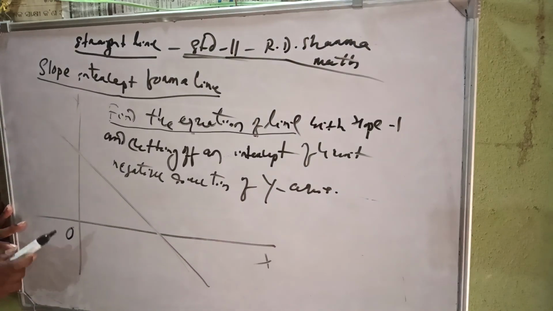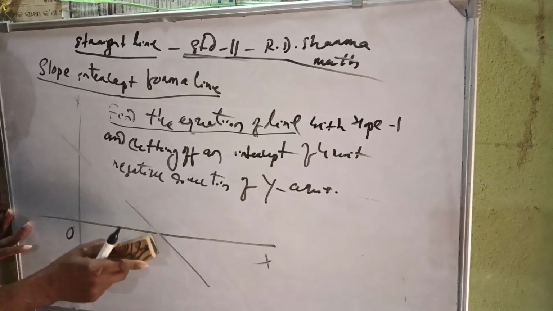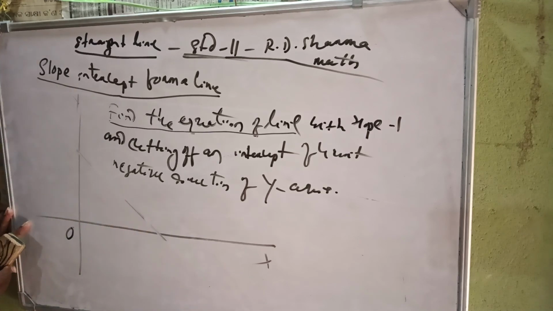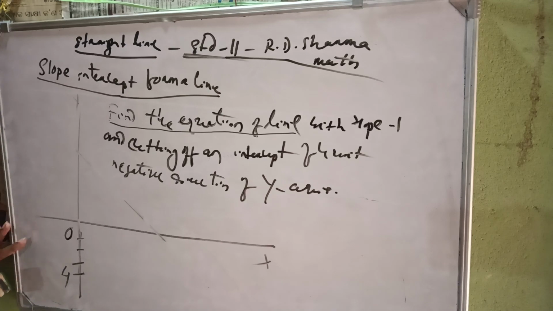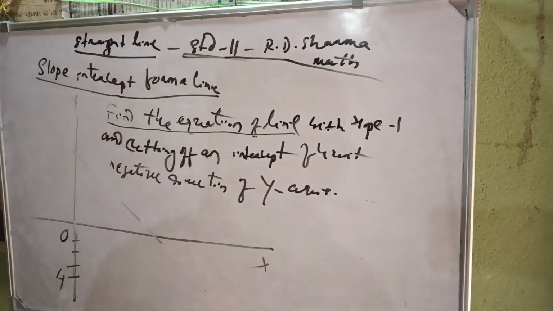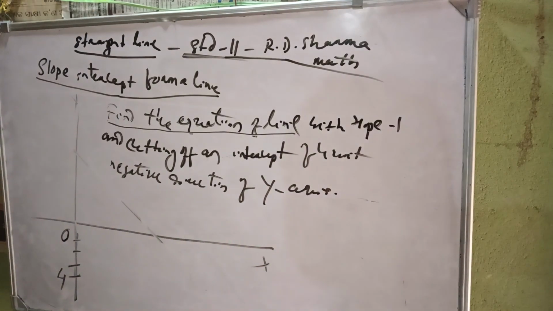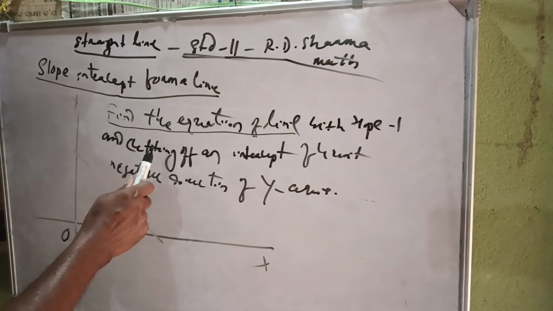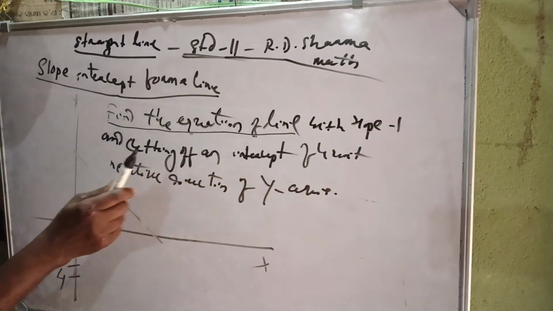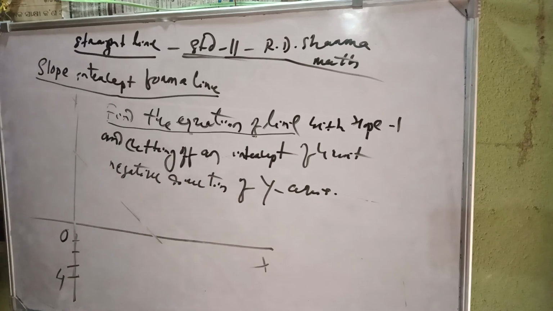Negative direction 4 units means on the y axis, negative: if this is 1, 2, 3, 4, this is 4 on the y axis. Understood? So the line cuts an intercept of 4 units in the negative direction of the y axis.